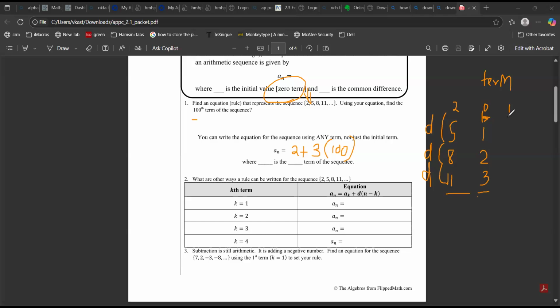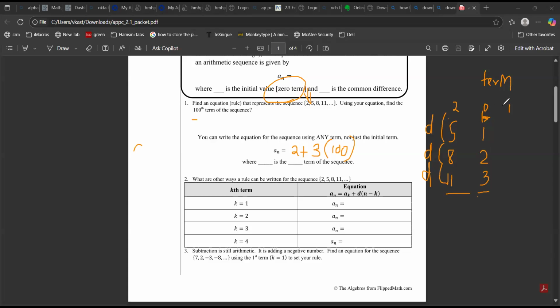If you take it as 1, what would happen? You'll end up with 299, which is incorrect, because find the 100th term of the sequence means they're asking for f of 100. So for now, we'll take whatever the initial value given as the 0th term.